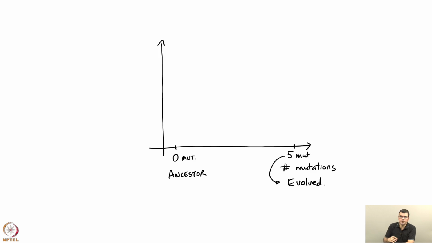This particular paper was published keeping in mind only the first 5 mutations that got selected for in these lines. And here is fitness, which was quantified by measuring growth rate as a proxy.